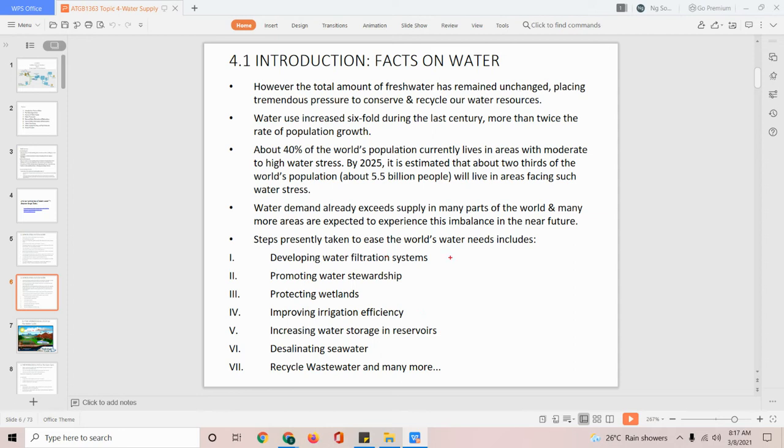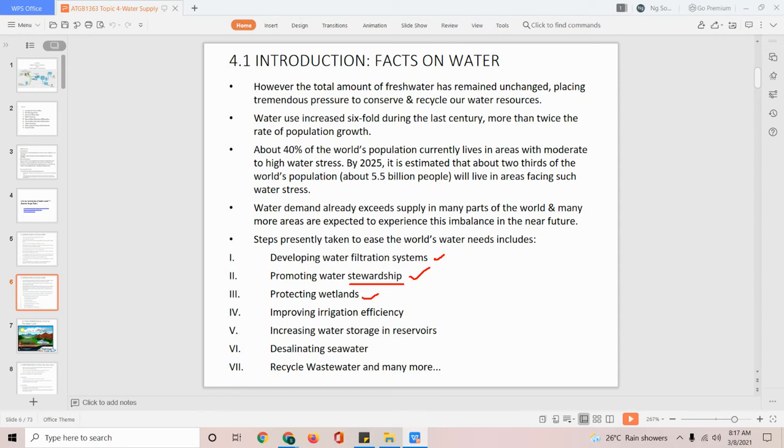We can develop water filtration systems, meaning we can filter out more water that we can use. Promote water stewardship, meaning you want to be a champion of reducing the usage of water. It can be through reducing agricultural water usage or less usage of water. So this is what it means. You want to reduce the amount of water.